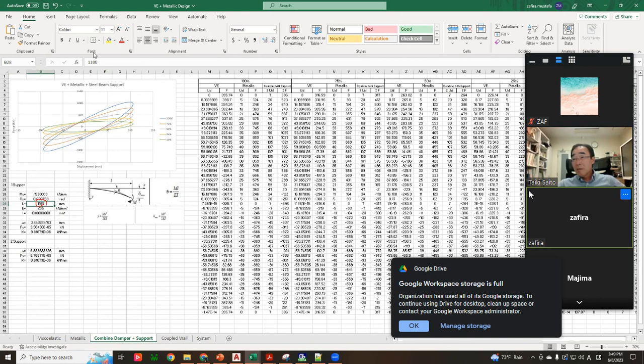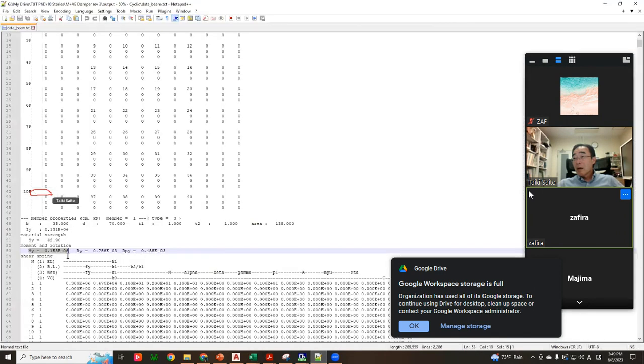Only the support beam. But how did you get this one? Right here. One from here. Data beam.